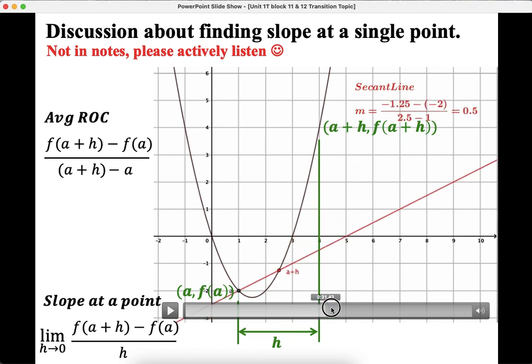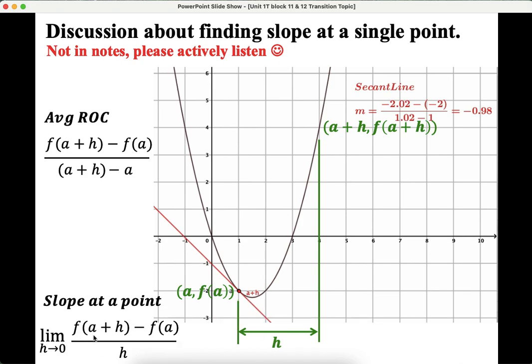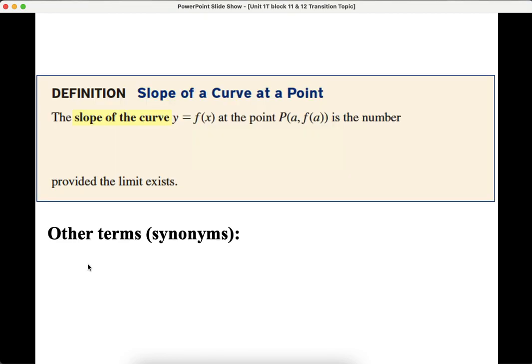So that width between the points is shutting down and going to 0. But we know we have a fundamental problem when it goes to 0 because it becomes indeterminate. So we have to use our limit strategies to evaluate this. And when we evaluate that, then we have found the slope of that tangent line. So that's the process we're going to go through.